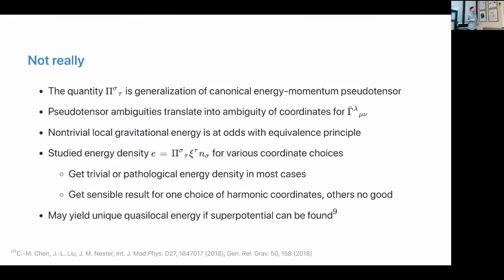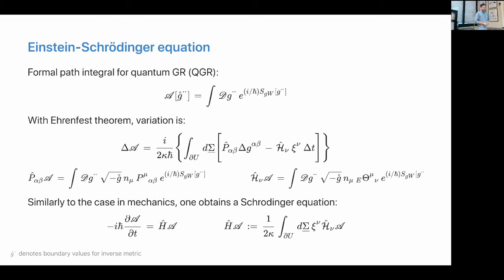I've studied this explicitly for Schwarzschild and various coordinate choices, and I either get trivial or pathological results. There's one choice of harmonic coordinates which looks good, but there are other harmonic coordinate choices which are really bad. So anyway, that's the state of affairs.